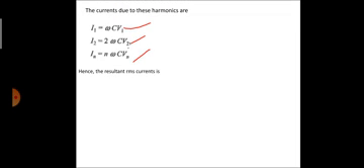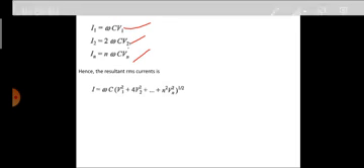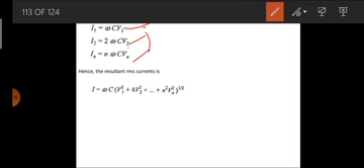Hence the resultant RMS current is given as I equals, from these equations I have taken omega C out, so I am left with V1 square plus 4 into V2 square plus so on up till n square Vn square, the whole under a square root, or I am taking power 1 by 2.